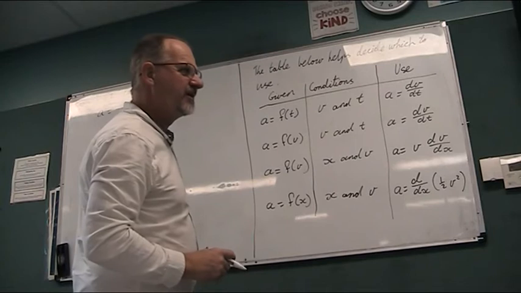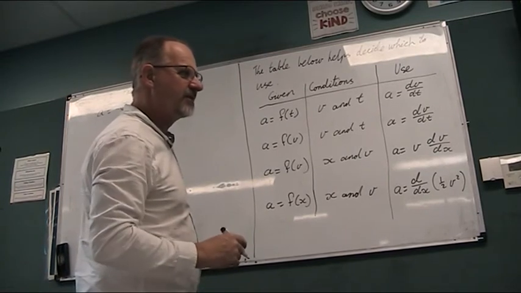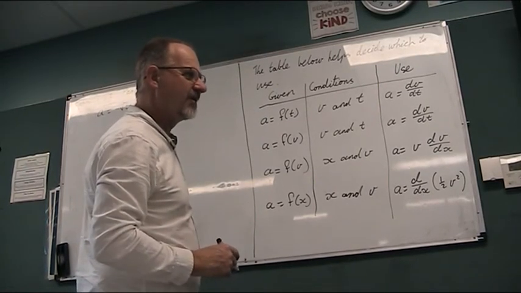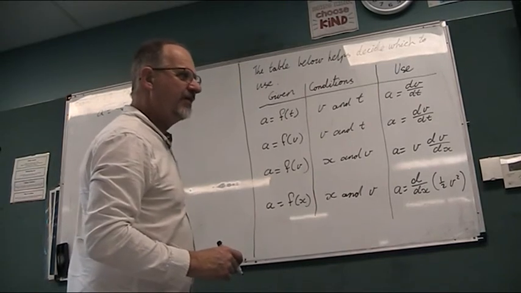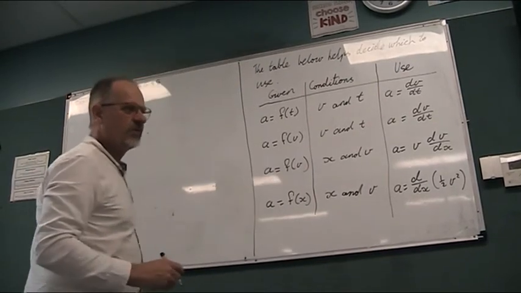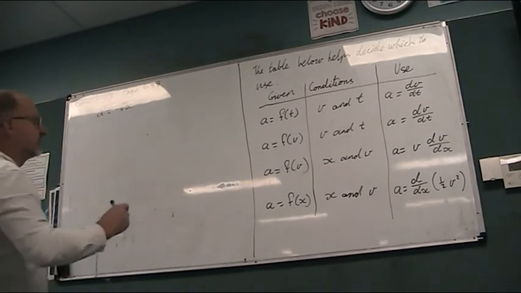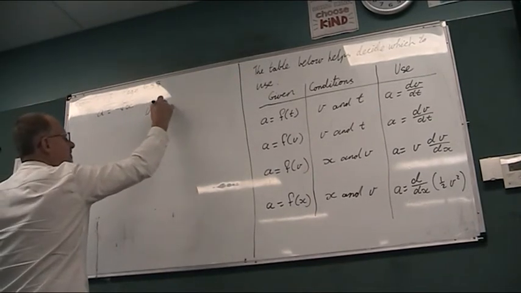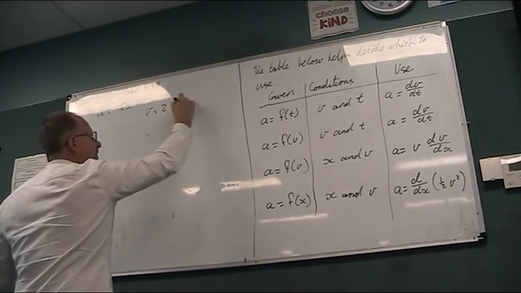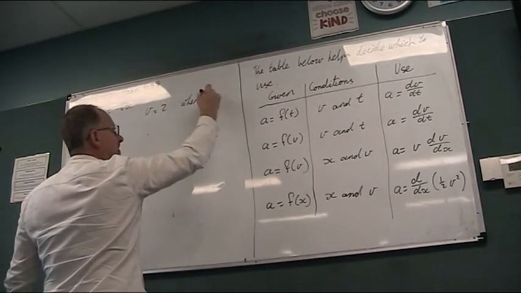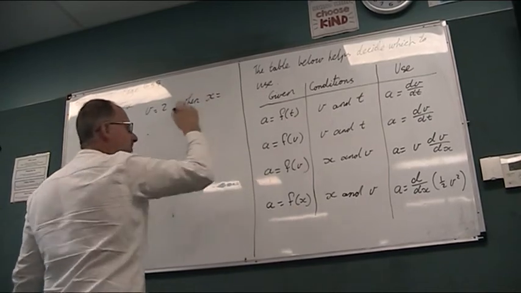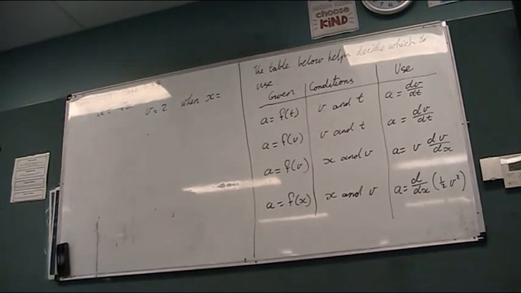Where position is x, find the relation between v and x, which describes the motion, given that v equals 2 when the particle is at the origin. So v equals 2 when the particle is at the origin. So if the particle is at the origin, x is 0.